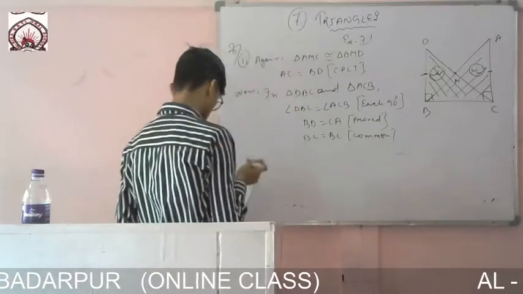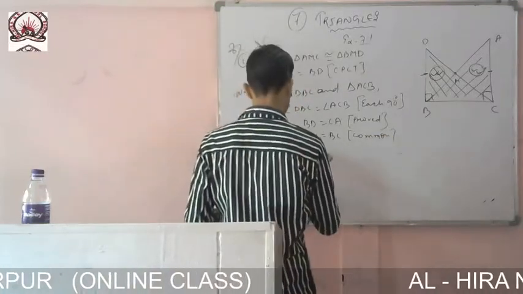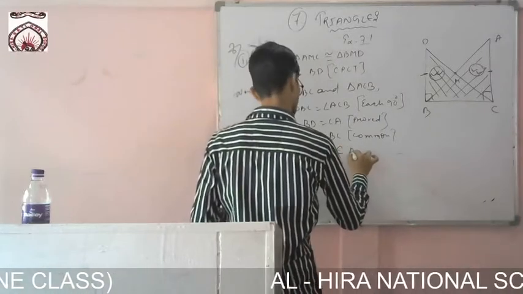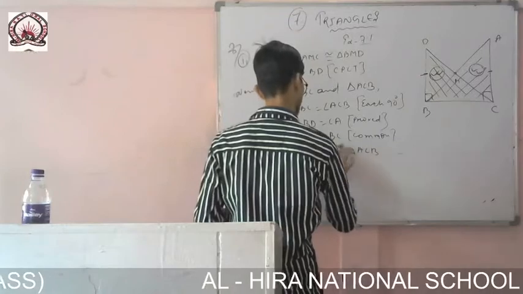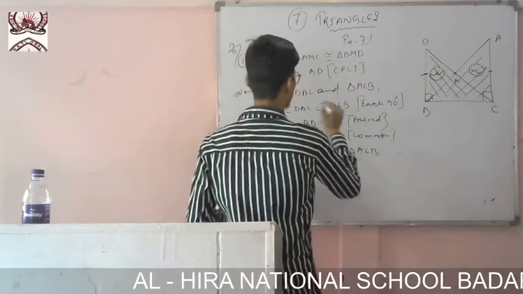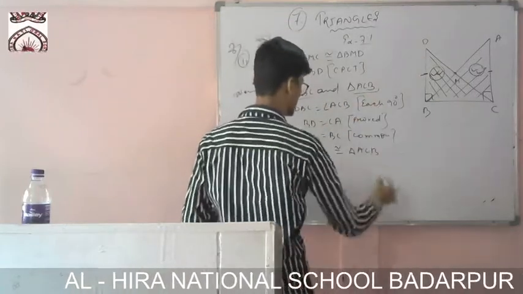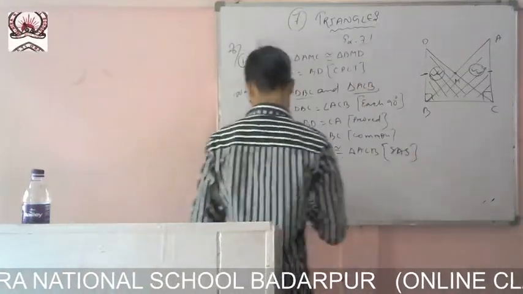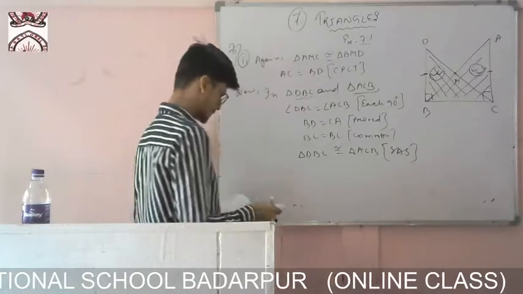So I can say that triangle DBC is congruent to triangle ACB, and the postulate is side angle side. So this one is finished.